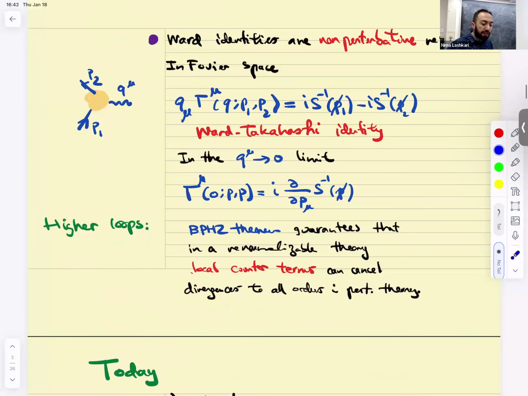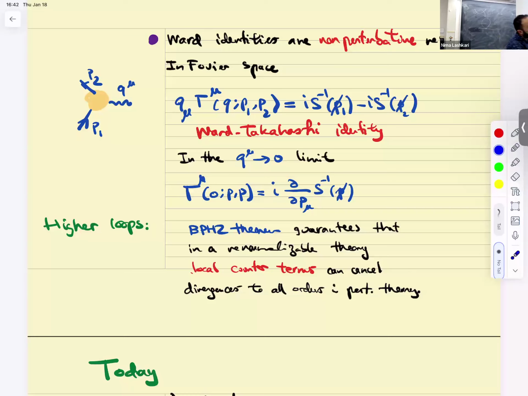At higher loops, I said that there is this super fancy theorem, BPHZ, and its related results. I don't really know which result is the one to point out, but they guarantee that in renormalizable theories, local counterterms can cancel divergences to all orders in perturbation theory.